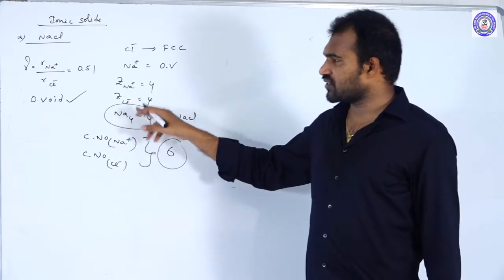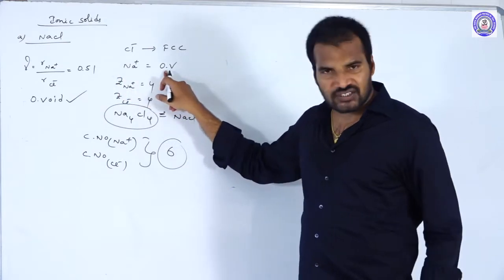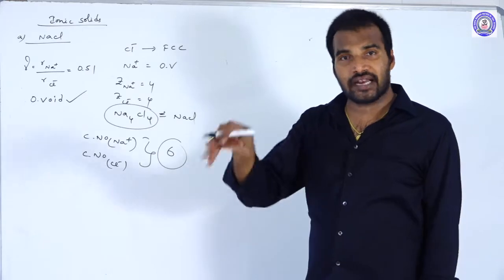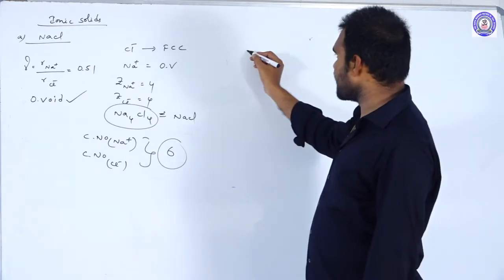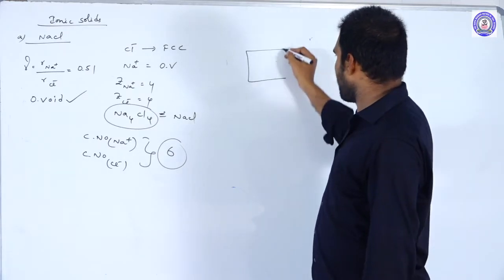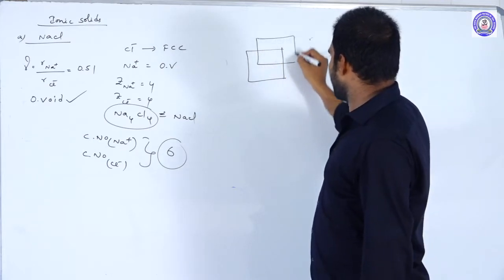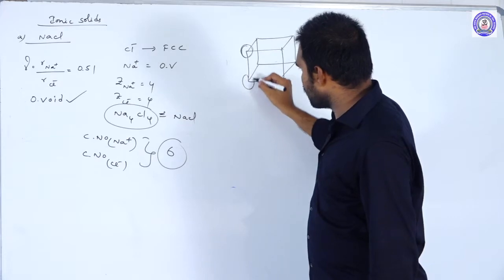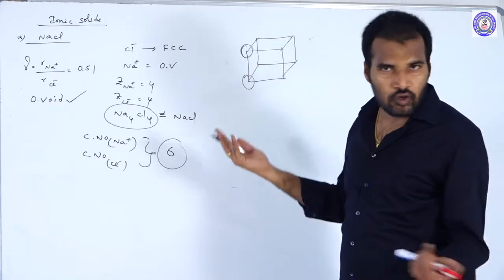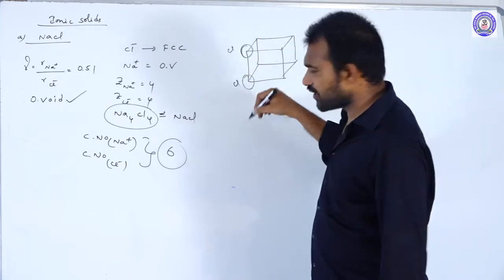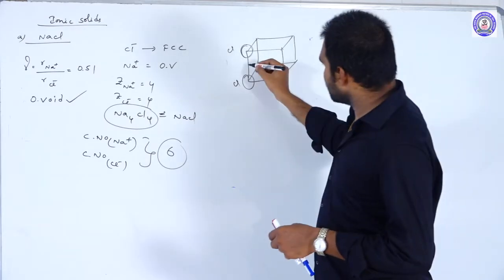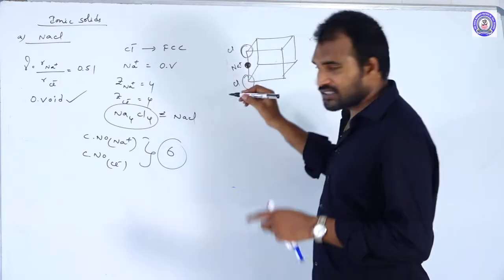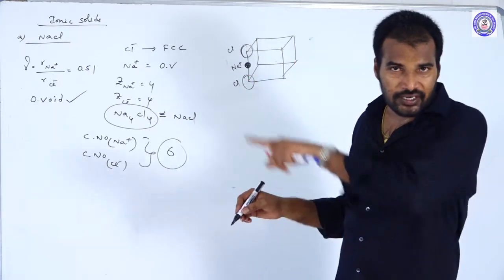As already mentioned, Na+ ions are present at octahedral voids, and octahedral voids are present at the edge center as well as the body center. These are the chloride ions, because they are present at the corners, and these are Na+, because Na+ ions are occupying the octahedral voids.